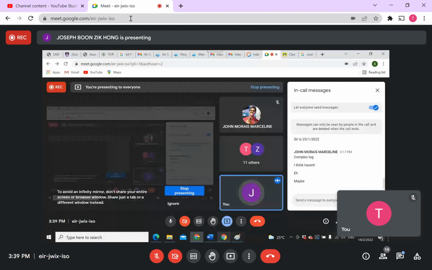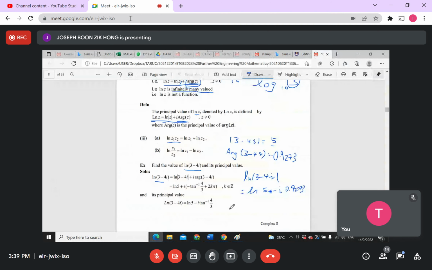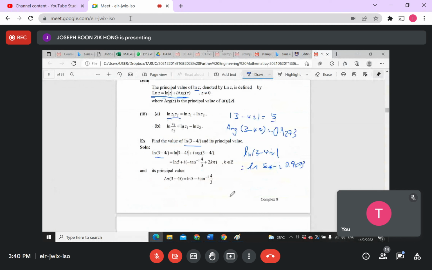Okay, sorry, we continue. Where did I stop? Okay, so that's why we have the plus 2k pi. When they ask for a value, you have to put ln 5 plus i times the negative tangent inverse of this one.